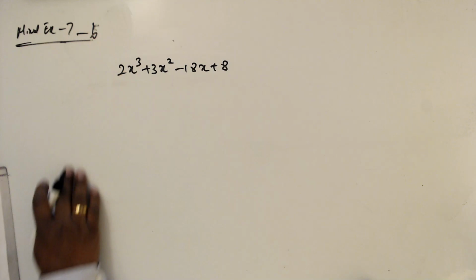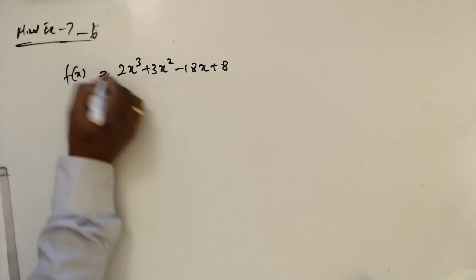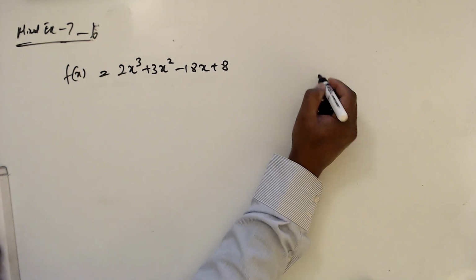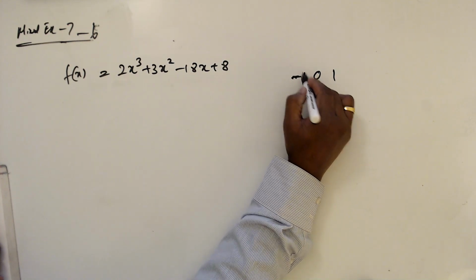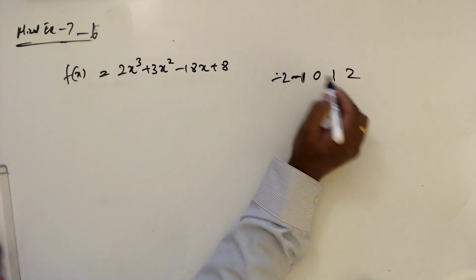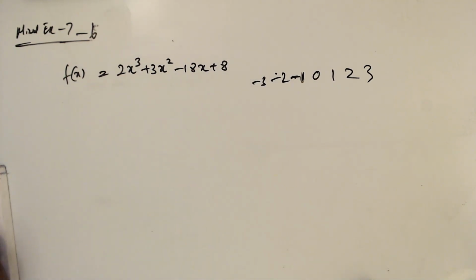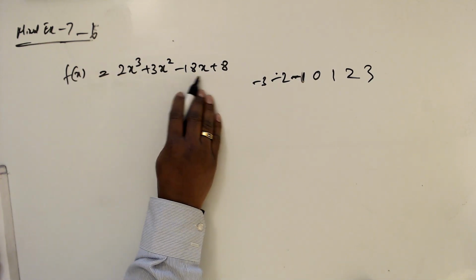Question number 6, we have to factorize this one. I will take this as fx. Now I have to check some numbers: 0, plus 1, minus 1, plus 2, minus 2, plus 3, minus 3. Usually within these numbers you should get an answer. If it is 0, this is going to be 8.